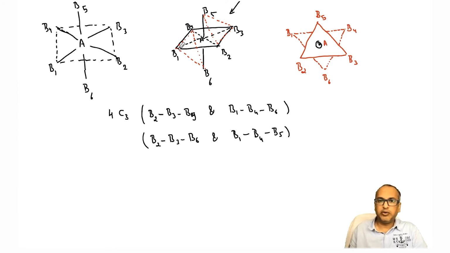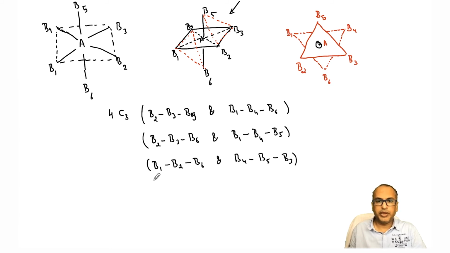Now similarly we can go from this side. That will be B1, B2, B6, and the corresponding one at the back will be B4, B5, B3.